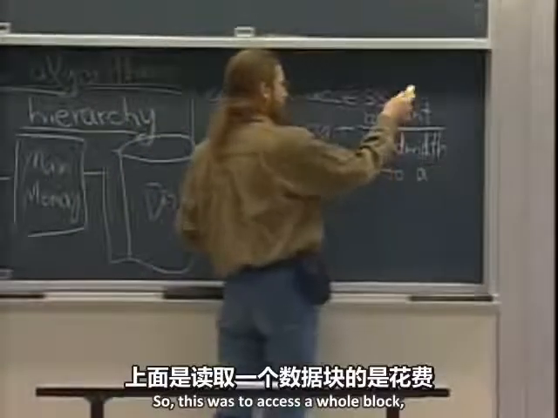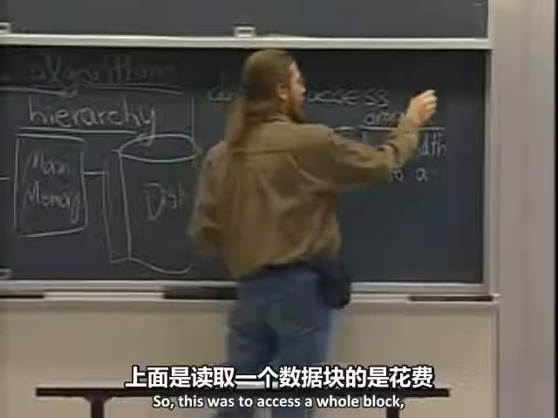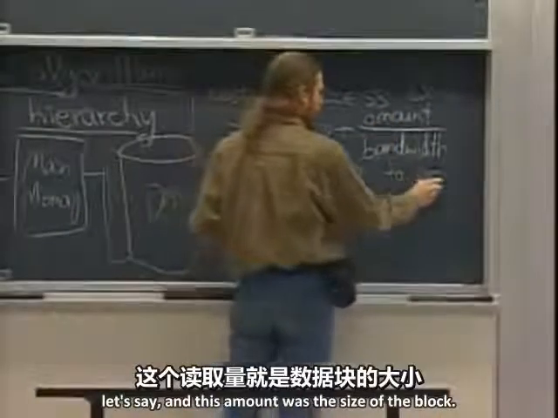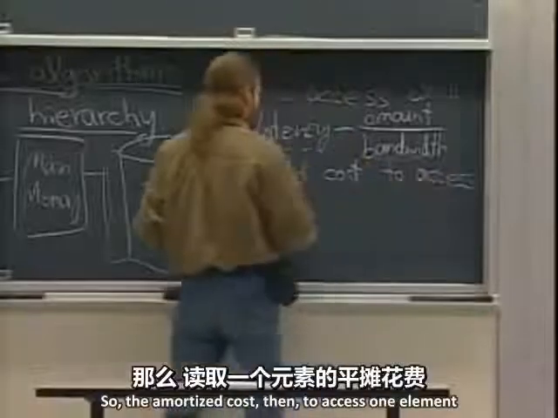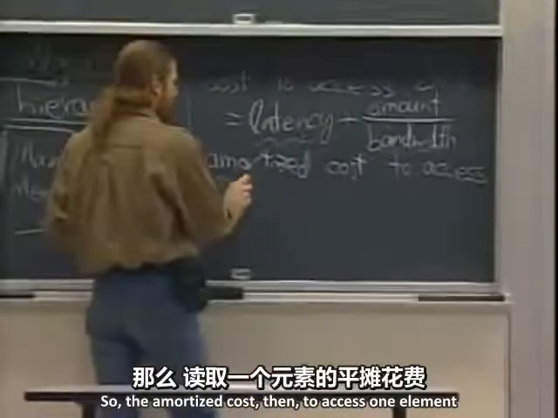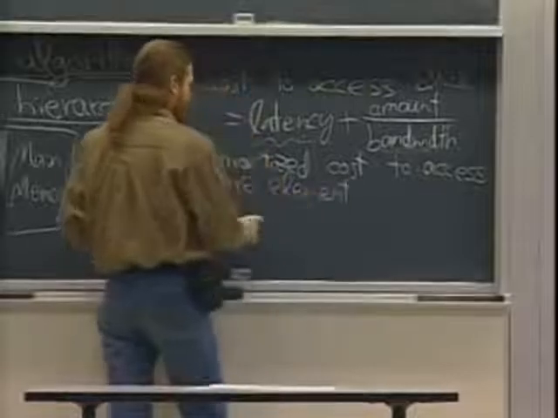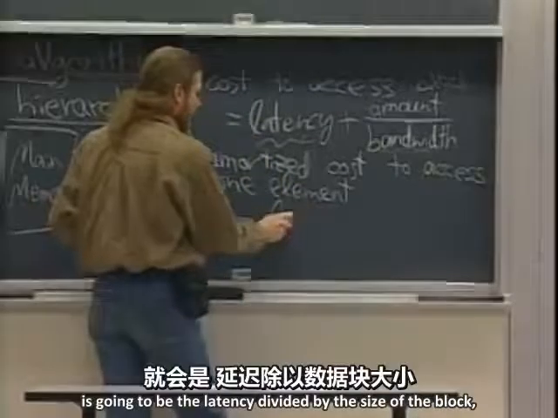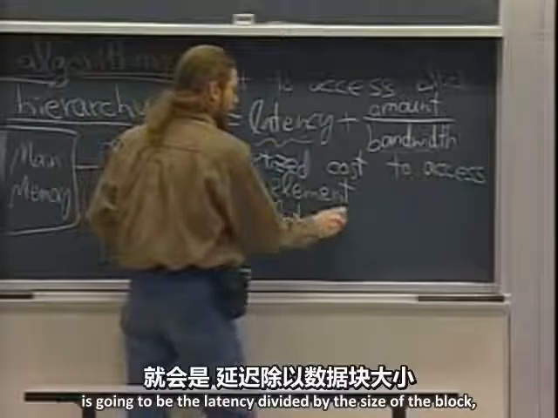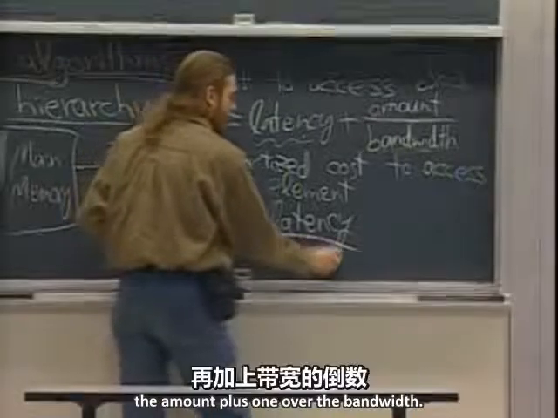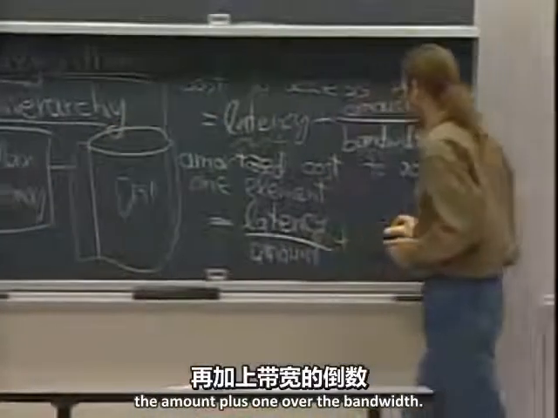This was the cost to access a whole block, and this amount was the size of the block. So the amortized cost to access one element is going to be the latency divided by the size of the block, the amount, plus 1 over the bandwidth.